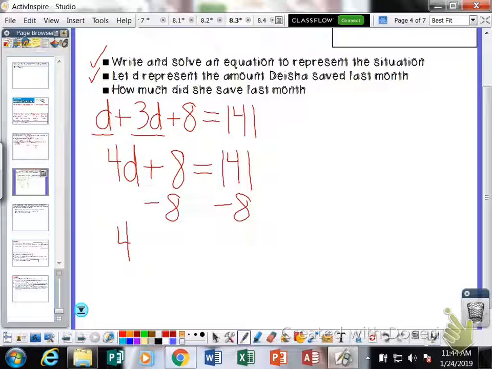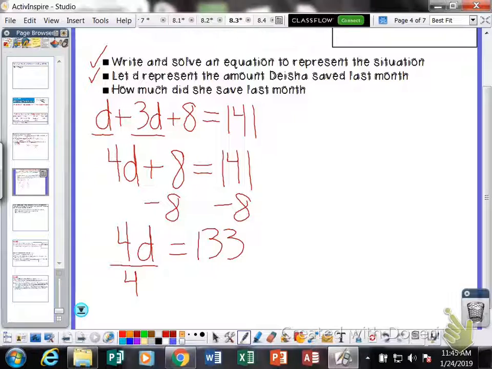That leaves us with 4D equals 133. Okay, last step.